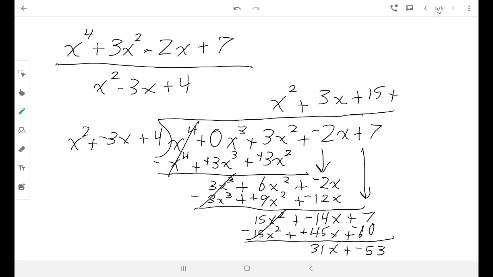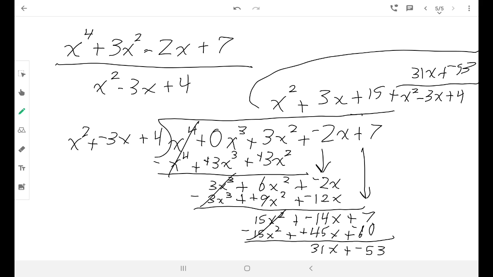So I get a remainder of 31x plus negative 53, all of that over x squared minus 3x plus 4, let's call it. And so then you have your answer right here.